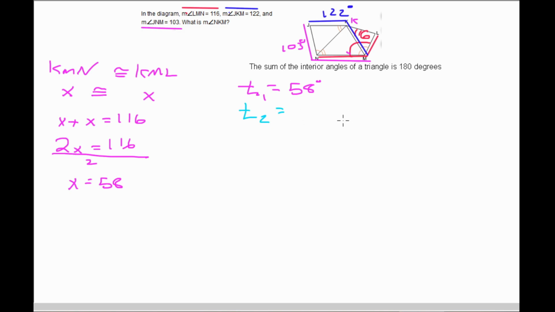If I go to JNM, I know that the value of J and M, the whole thing here, is 103 degrees.